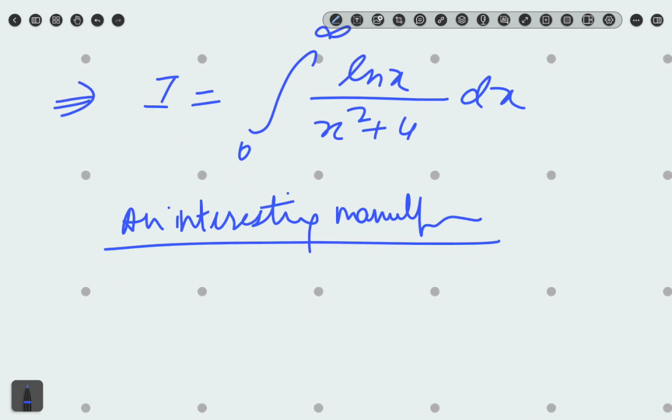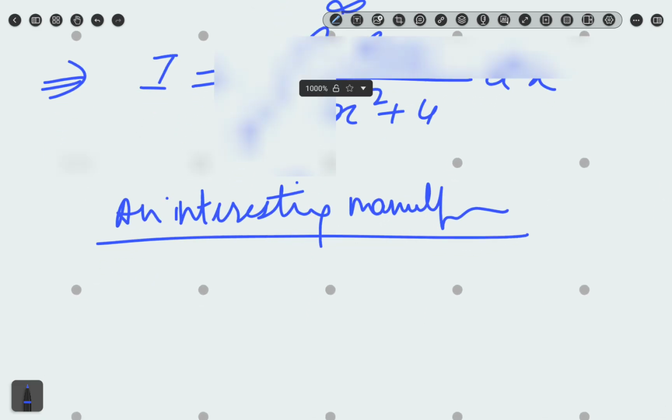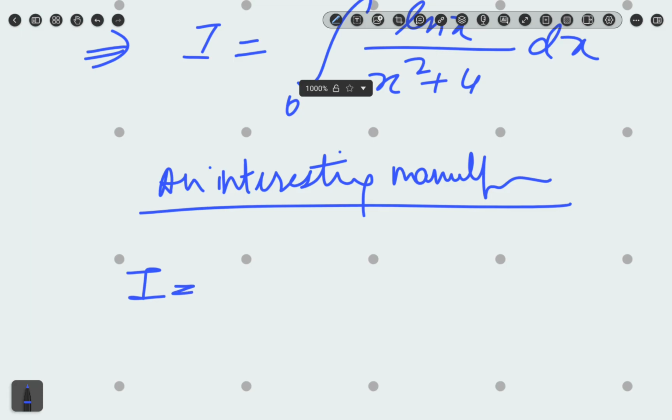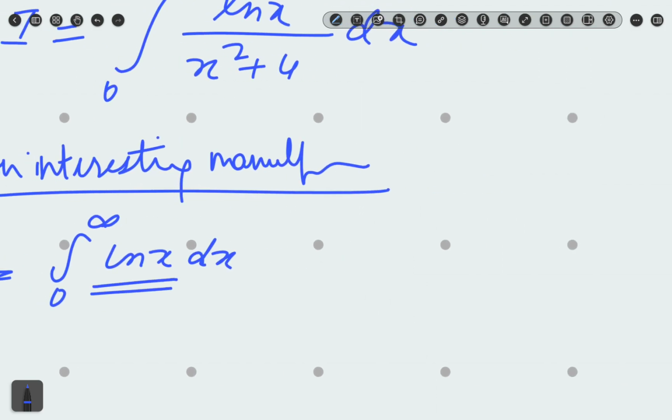What is that? You can see that I is equal to the integral from 0 to infinity of ln x dx.